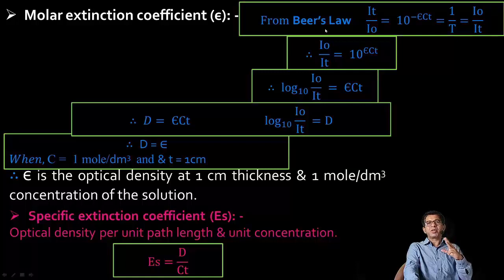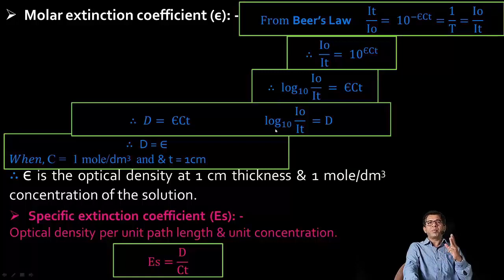From Beer's law, we have IT upon I0 is equal to 10 raised to minus epsilon Ct. The minus sign is removed, hence the equation becomes I0 by IT is equal to 10 raised to epsilon Ct. By taking log on both sides, we have log base 10 I0 upon IT is equal to epsilon Ct.